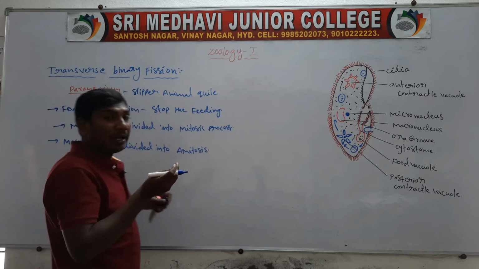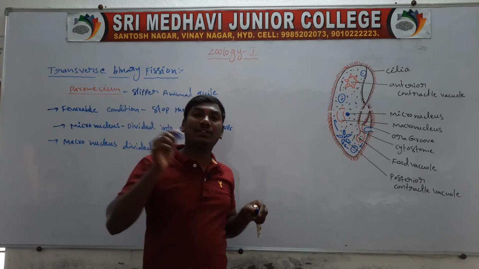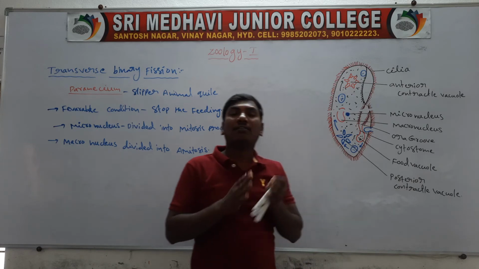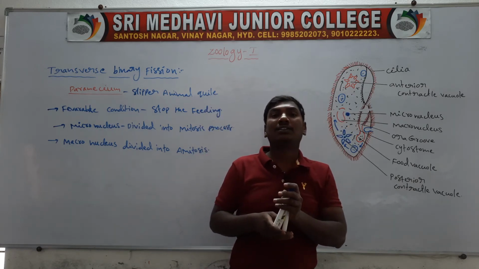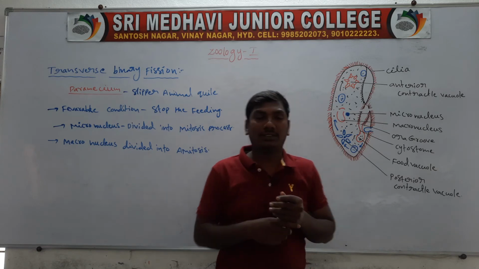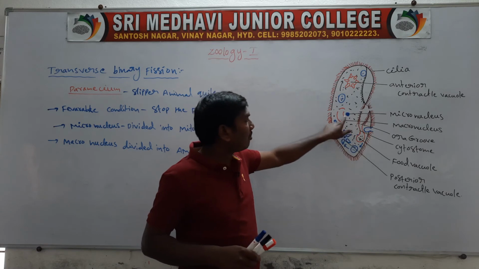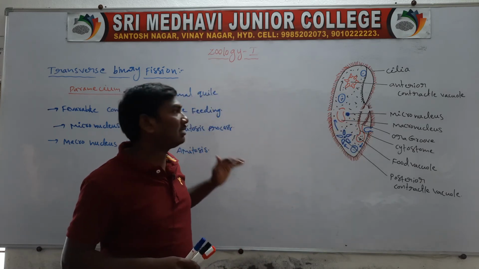First, the micronucleus divides by the mitosis process, and the macronucleus divides by the amitosis process. Mitosis means one cell is divided into two equal cells. Amitosis means an unequal division. So in the first step, the micronucleus divides by mitosis and the macronucleus divides by amitosis.